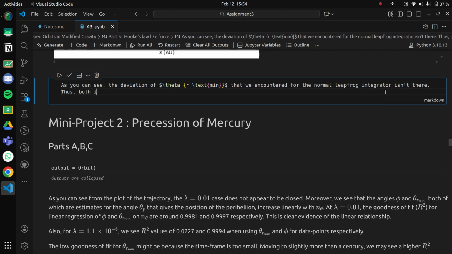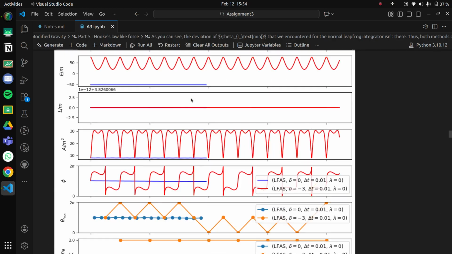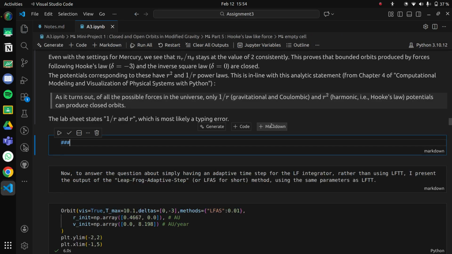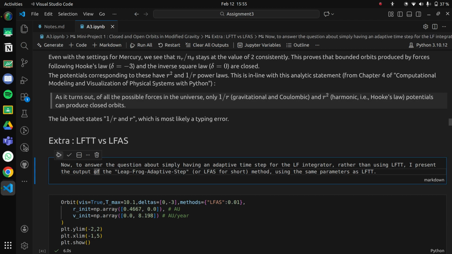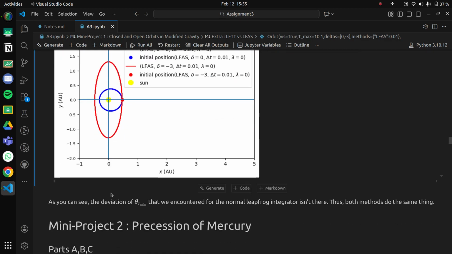Thus, both integrators, both methods do the same thing. So since this was like an extra thing, it doesn't have to be in a particular project. I'm just putting it there. So I'm just gonna add it in like extra. Extra: leapfrog time transform versus leapfrog step. Right. Okay, that's cool.